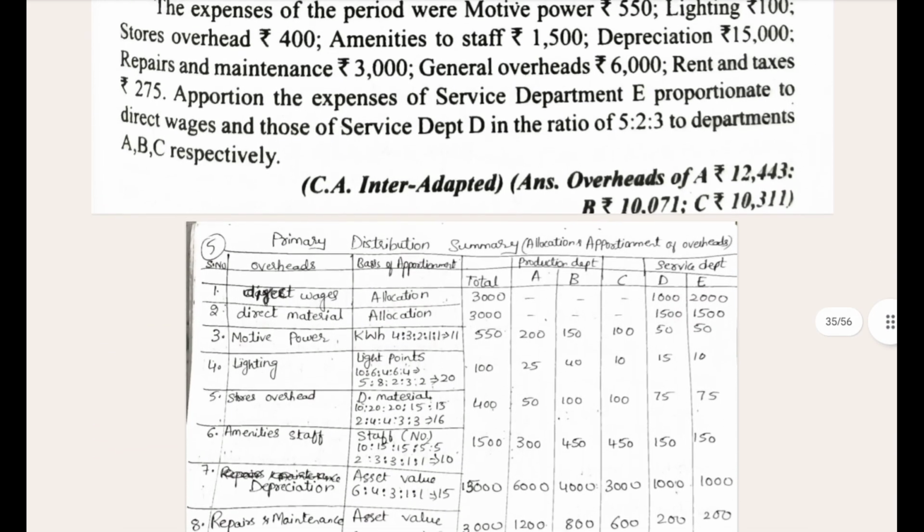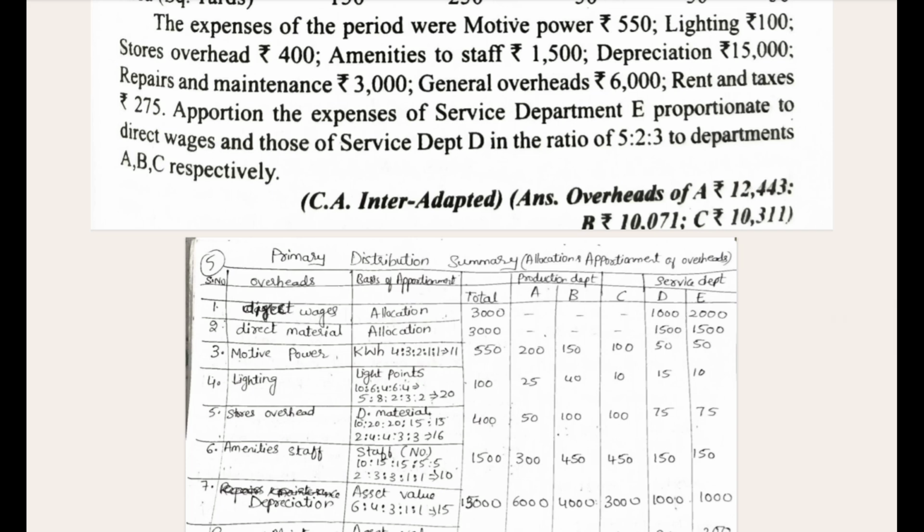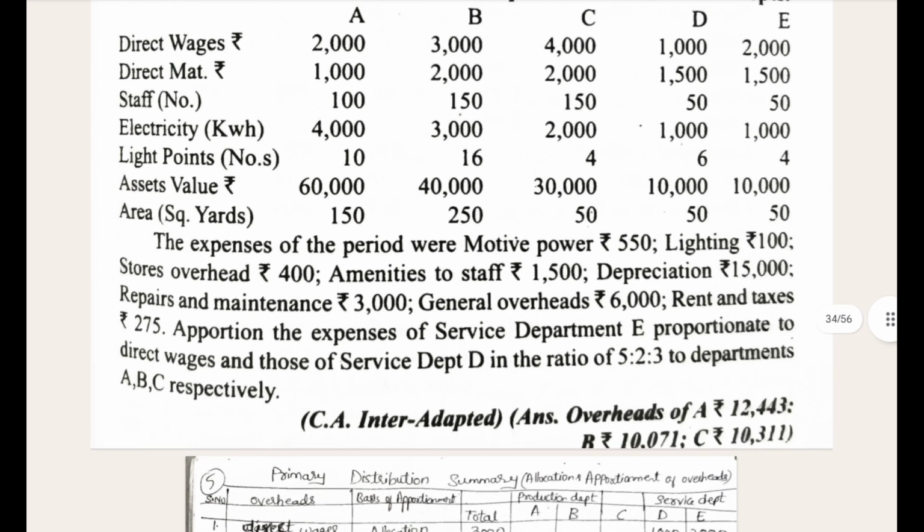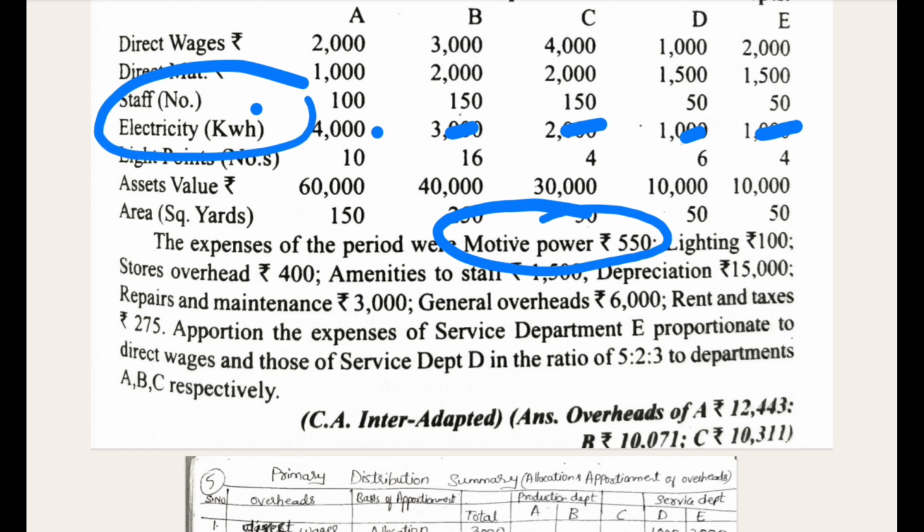Next, in the other overheads, what has been given to us is motive power. Motive power means electricity. On electricity we have to distribute in the ratio 4000, 3000, 2000, 1000, 1000 given, no? So remove all these 3 zeros, and you will get 4:3:2:1:1. So motive power we are distributing based on this electricity kWh.